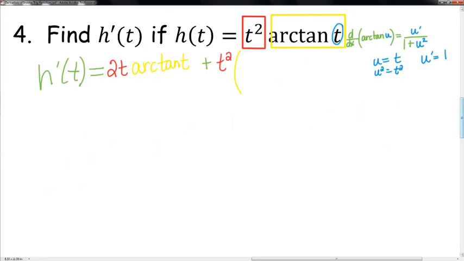So u prime is going to be, my derivative of my u is 1, over 1 plus u squared. Well, u squared is going to be t squared. And that is my derivative.